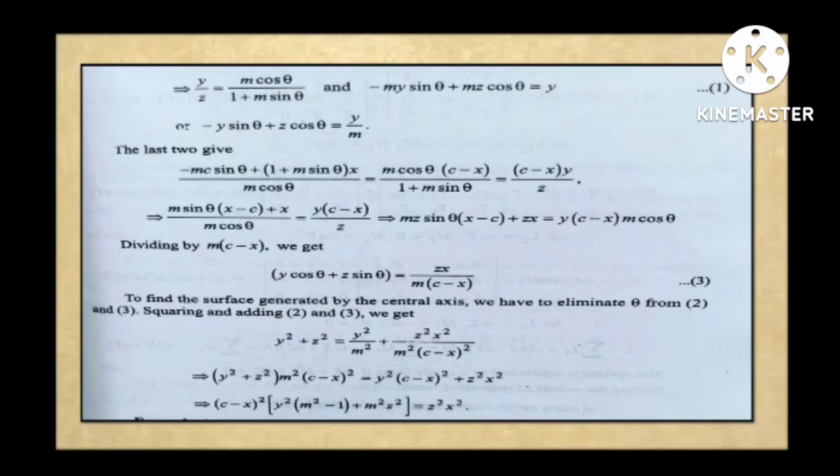So this implies c minus x whole square into y square into m square minus 1 plus m square z square equals z square into x square, and this is the final equation which we had to solve.